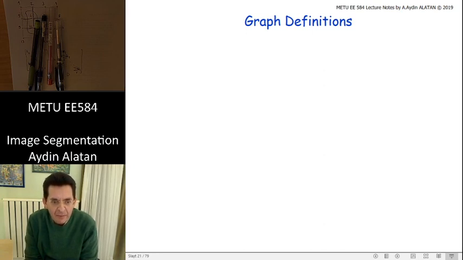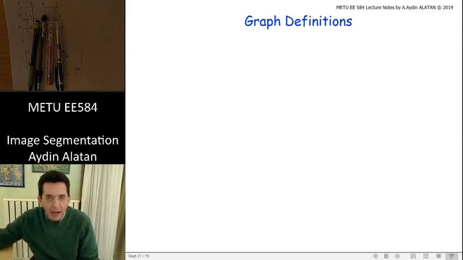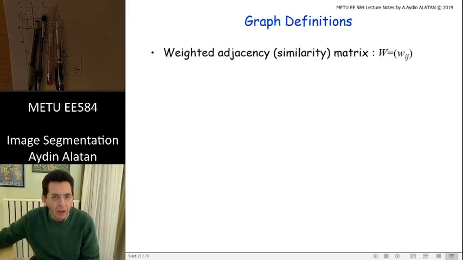I have to give some definitions first, then I'm going to continue to how we're going to make segmentation through graphs. Okay, now first of all I'm going to define something called the adjacency similarity matrix.